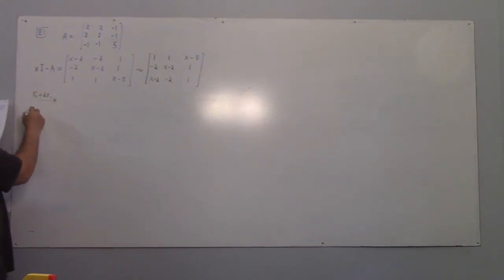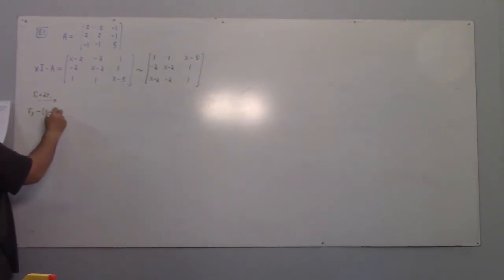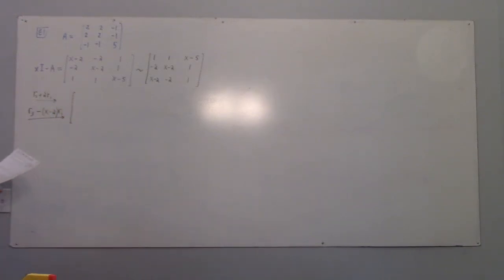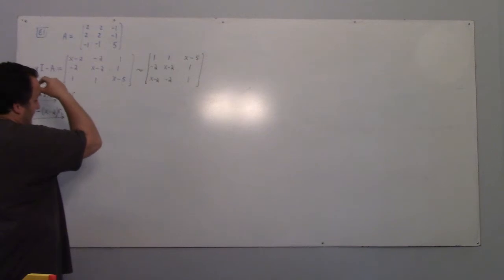Now watch this. This will be new. Row 3 minus (x minus 2) row 1. See, we're working over the polynomial ring, so now we're allowed to multiply by polynomials in row operations.